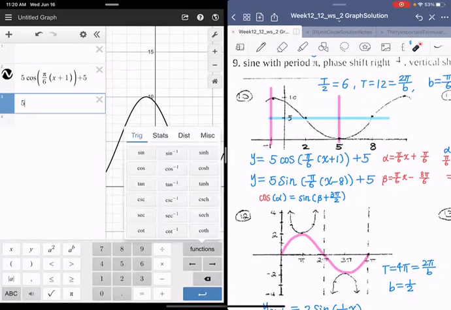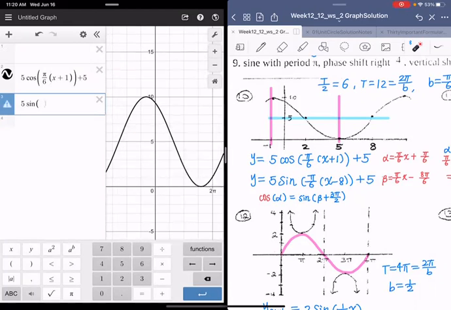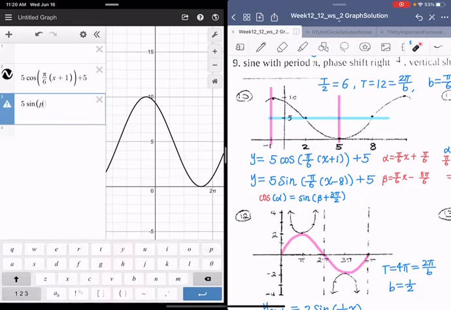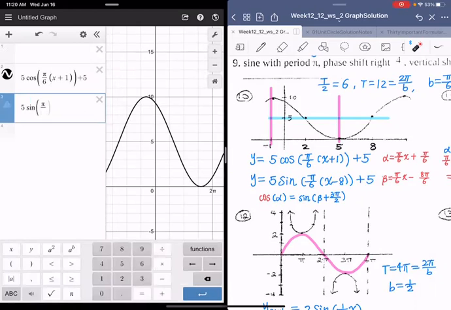Next one, if you want to choose 5 times sine, and then you do this pi over 6, and then you do x minus 8, and then you shift up by 5. Are they identical?